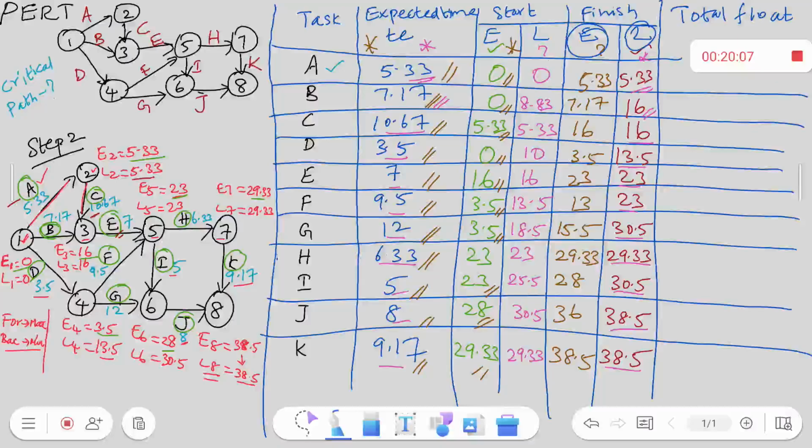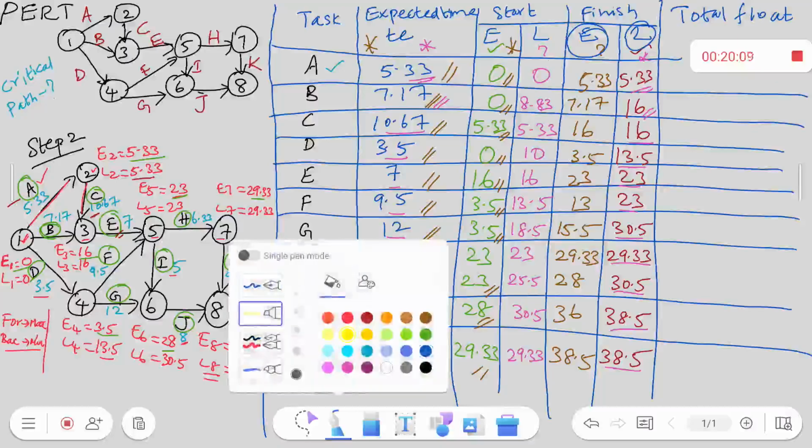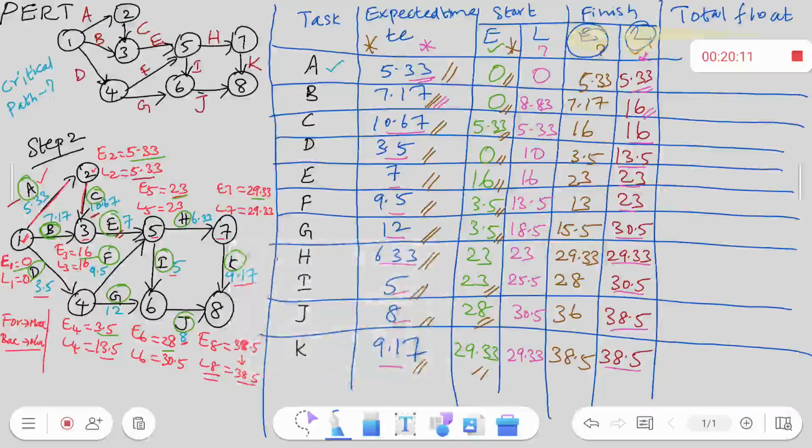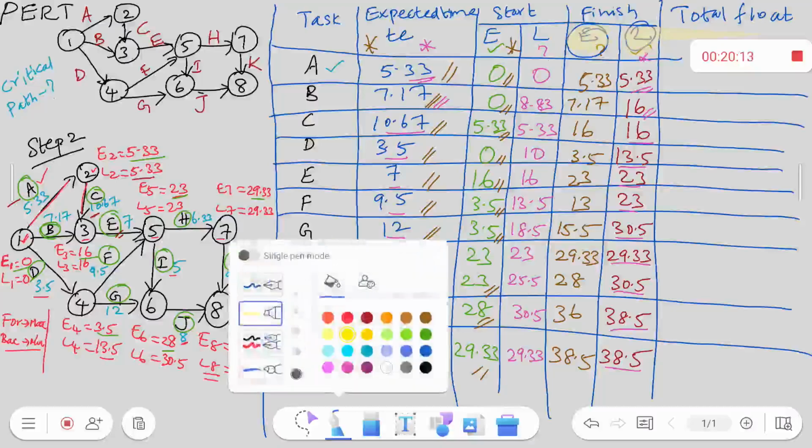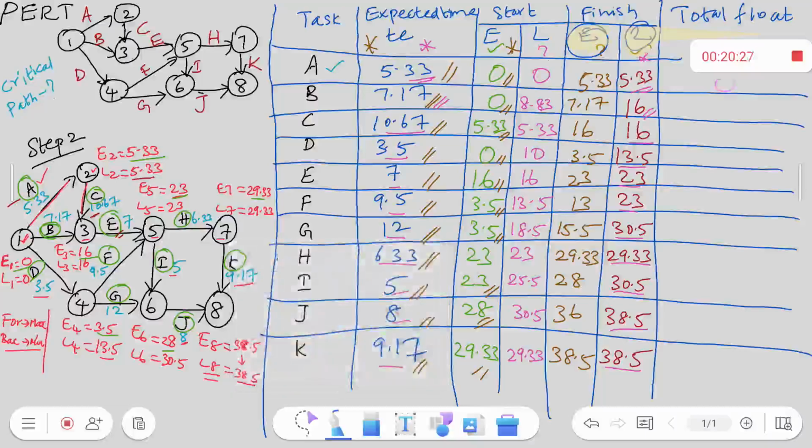So I have to subtract this value and this value. That is my answer. Now when I write here, latest finish time minus earliest finish time, it is 0. I am subtracting these two columns, that's all.